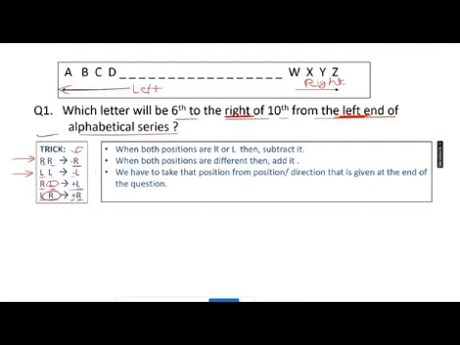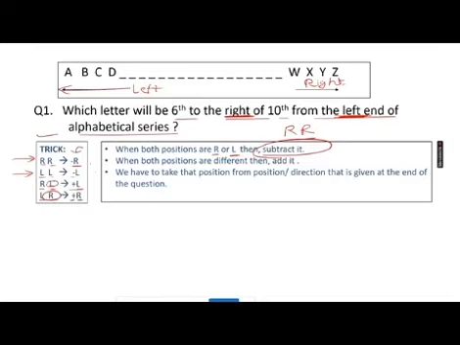So here I have mentioned some points. When both positions are right or left, if both the positions given in the question are right, or both the positions given to you are left, in that case you have to subtract the values.